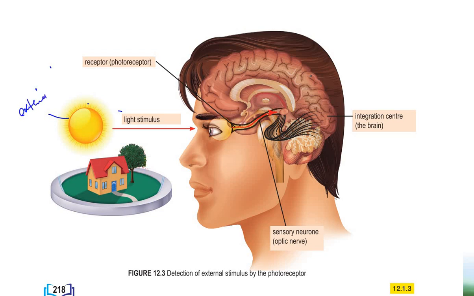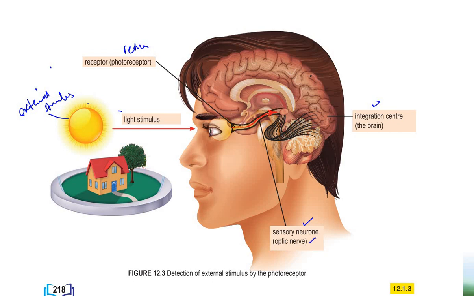Light is an external stimulus, detected by the photoreceptors in the eyes, or specifically in the retina. Then it will produce the nerve impulse, which is sent to the brain through the sensory neuron. The sensory neuron from the eyes to the brain is known as the optic nerve.